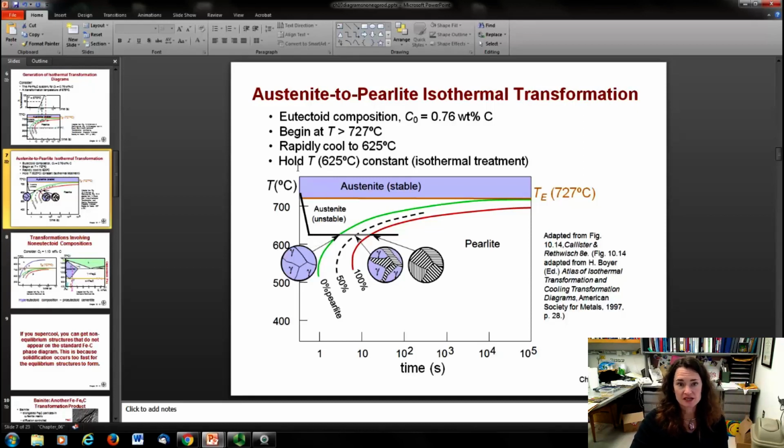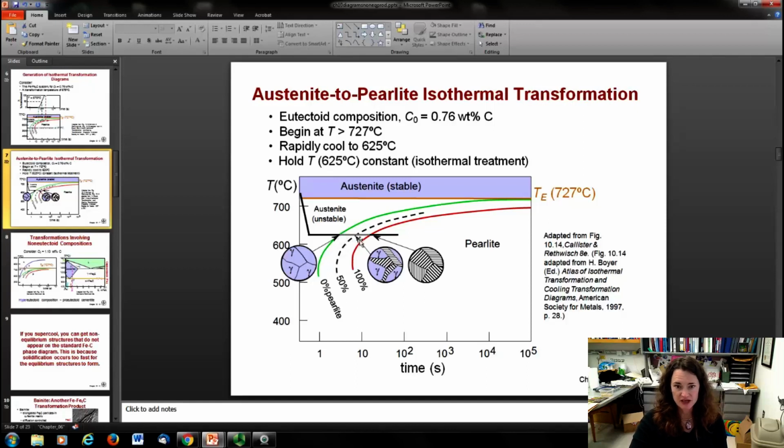And then you're holding the temperature constant at that value, and you want to see what's happening to the material. Holding the temperature constant is a horizontal line that you draw across, and then you can see what happens to the material as time goes on. The reaction goes from austenite, and the onset to pearlite happens at maybe a couple of seconds.